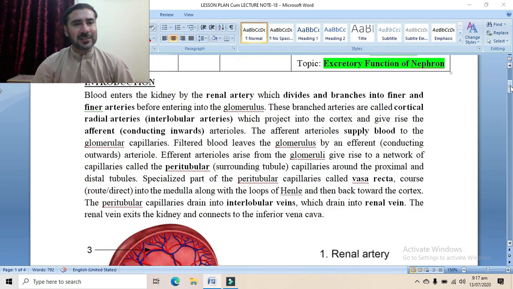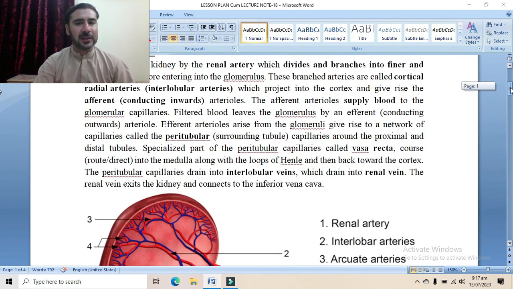The specialized area of these peritubular capillaries is known as the vasa recta, which descends down and then ascends upward along the loop of Henle, and where the reabsorption process takes place.